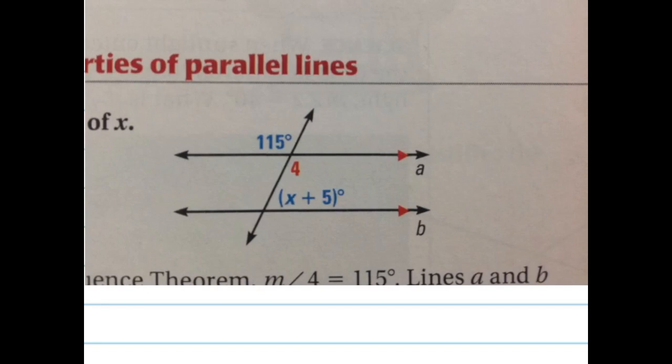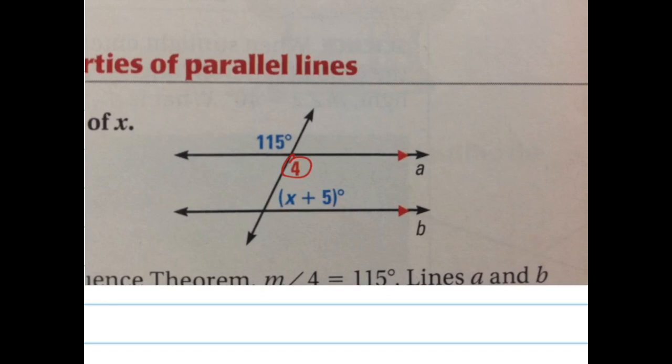Now, do we have an angle pair relationship for the 115 and the x plus 5? No. Do we have an angle pair relationship for the 4 and the x plus 5? What relationship do they have? Consecutive interior. What do we know about consecutive interior angles? They're supplementary. They add up to 180.